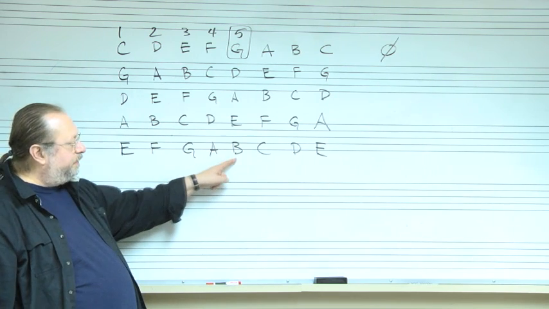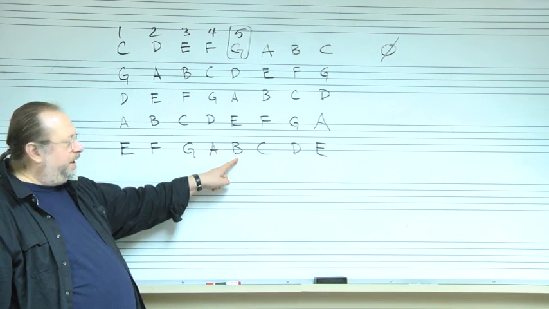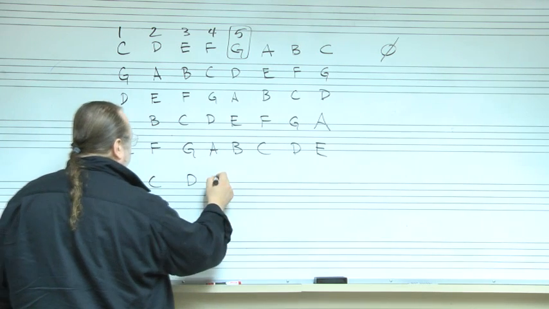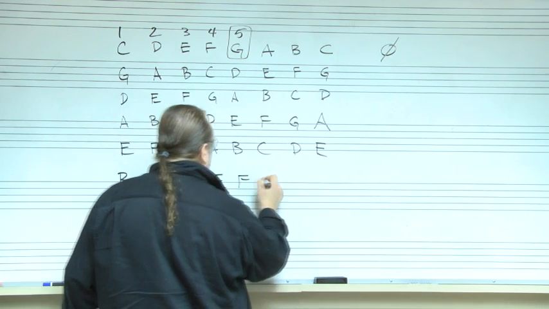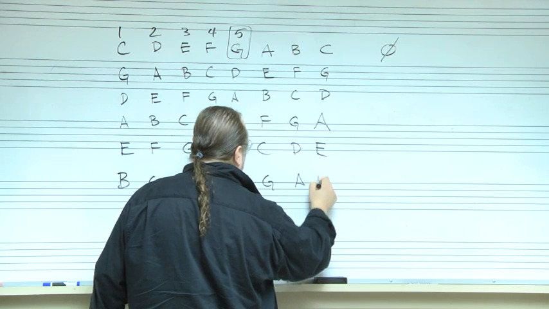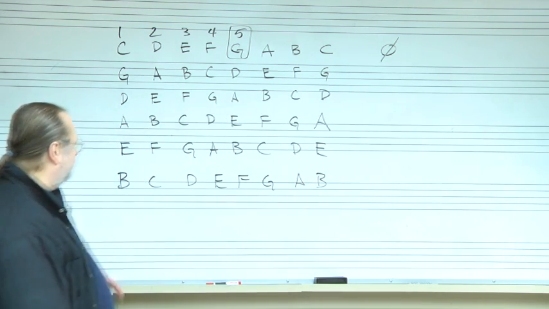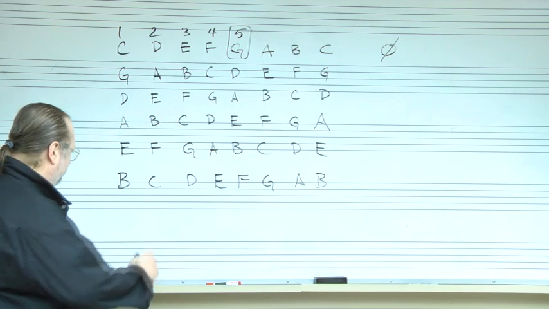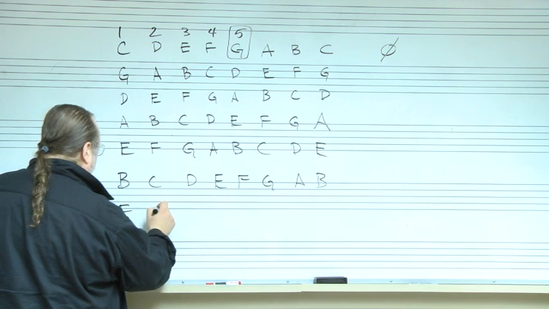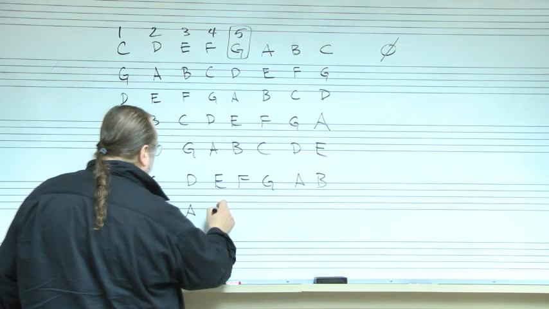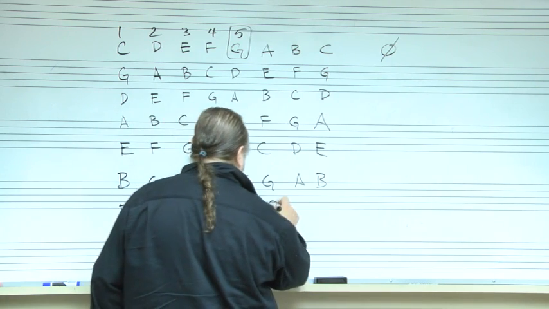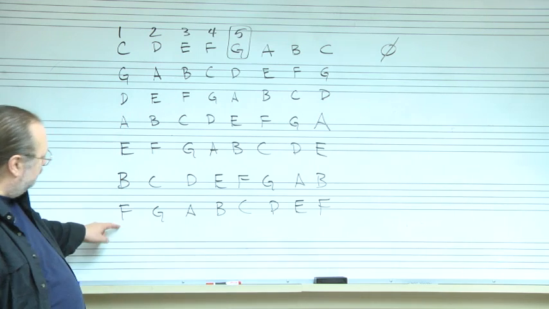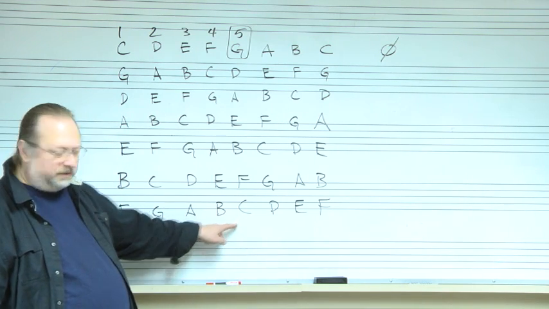B, right? Okay, what's the next key? 1, 2, 3, 4, 5. Right. Now what's the next key? 1, 2, 3, 4, 5. Right.